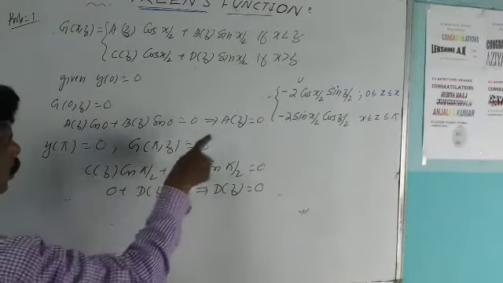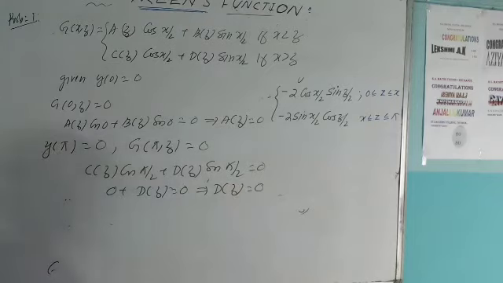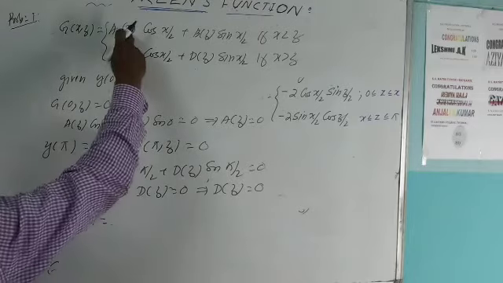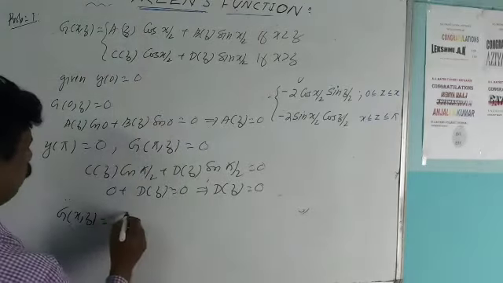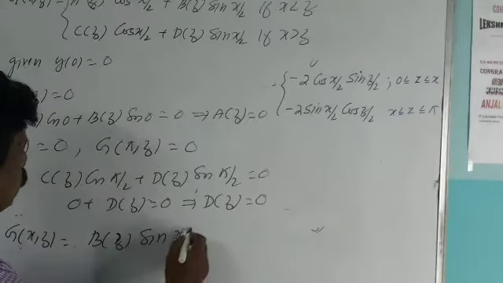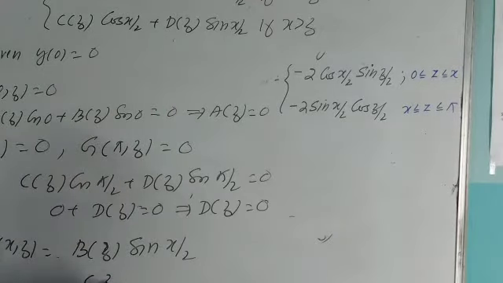So we can write a(z) equals 0, d(z) equals 0. Therefore, g(x) is equal to b(z) sin(x/2), and next with d equal to 0, we get c(z) cos(x/2).